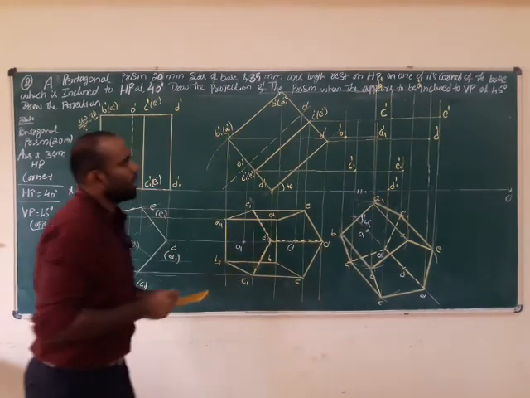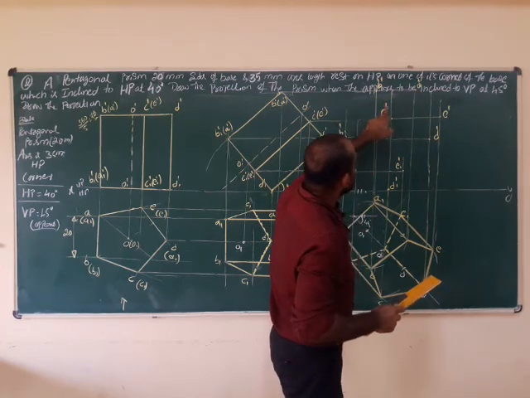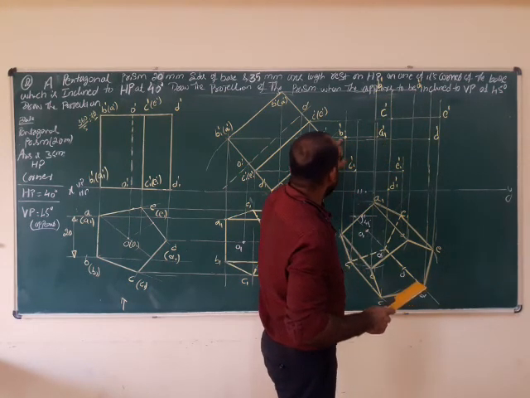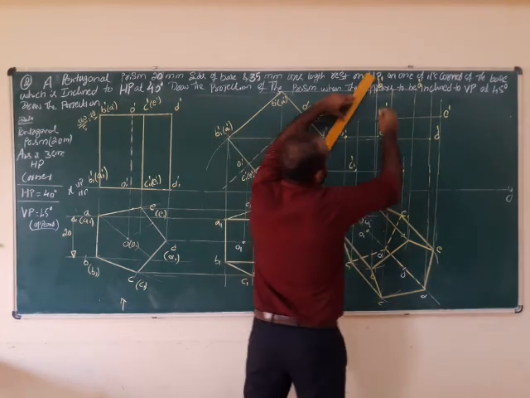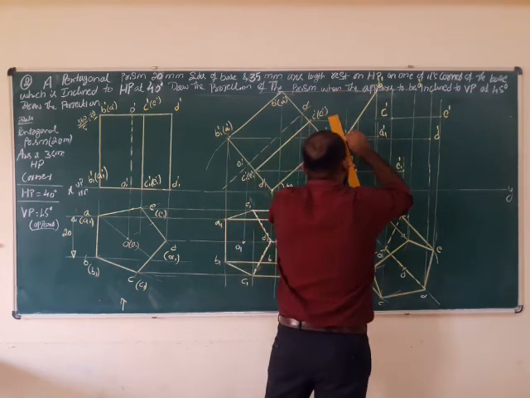Now we have to join. You will get A, B, C, D, E. First you have to join the outer line, means the border line.